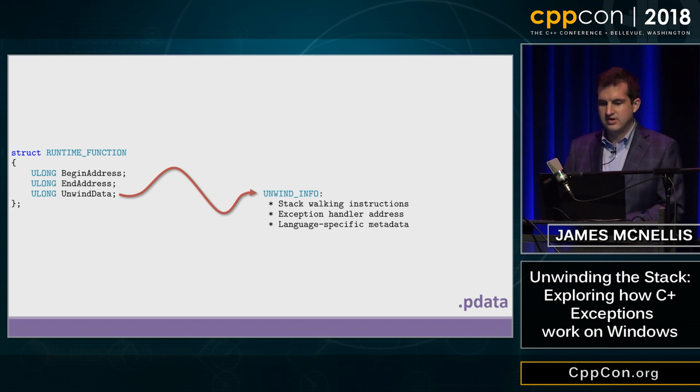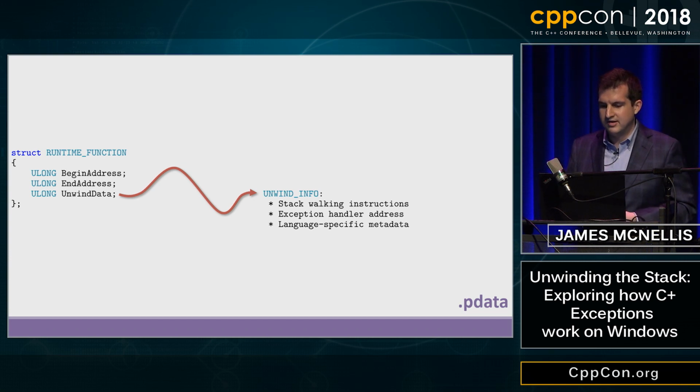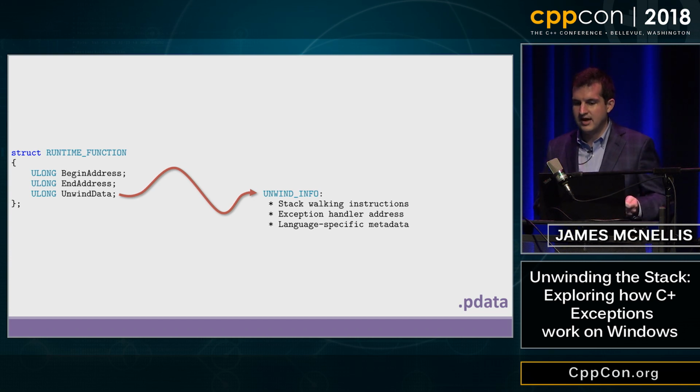It includes the address of the exception handler function, and then it includes language-specific metadata. So the C++ compiler uses the language-specific metadata to store either the scope table for structured exception handling or the funcinfo for C++ exception handling. So from this metadata, the OS can find out what functions are on the stack, and it can find out the handler for each function.